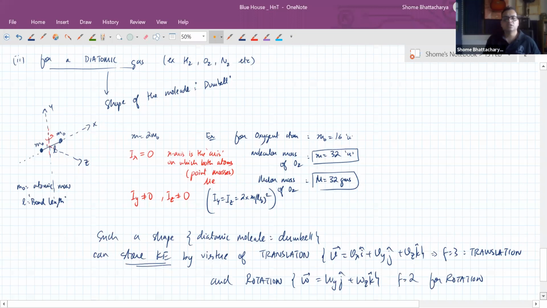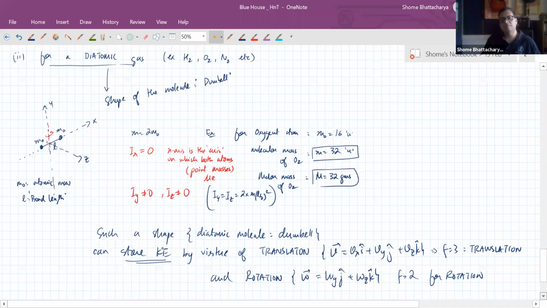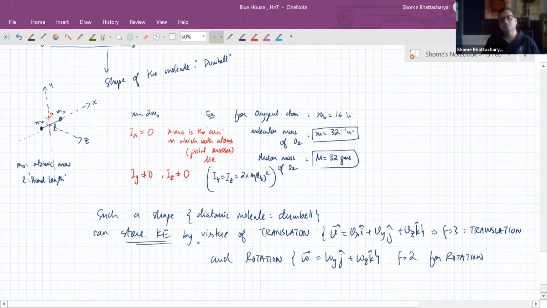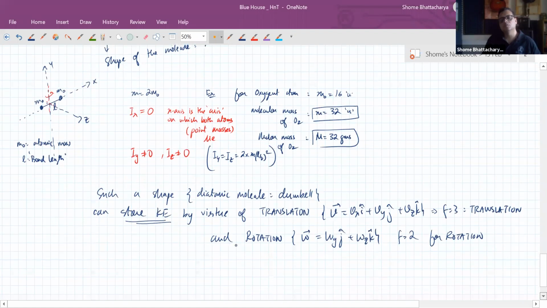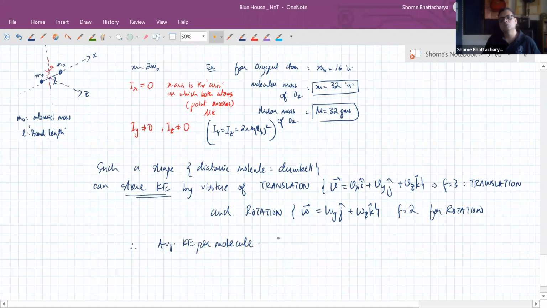For such a molecule, the average kinetic energy per molecule will become half I omega squared average plus half m v squared average. So this will have 2 degrees of freedom and this will have 3 degrees of freedom. So the total degrees of freedom will be 5.